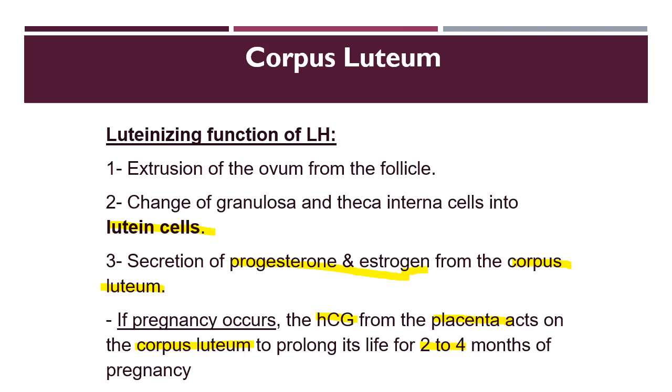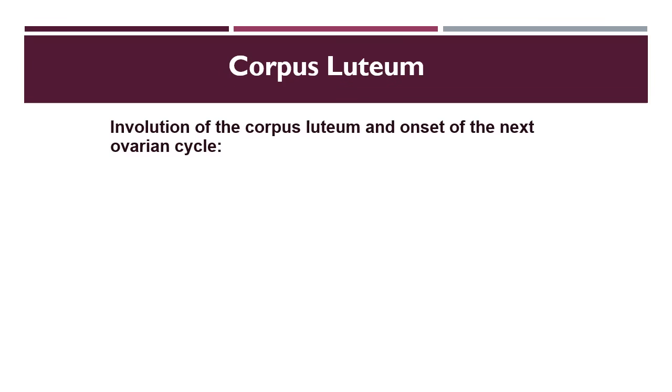However, if fertilization failed to occur, then a pregnancy will not take place and the corpus luteum will involute. Then the onset of the next ovarian cycle will begin.